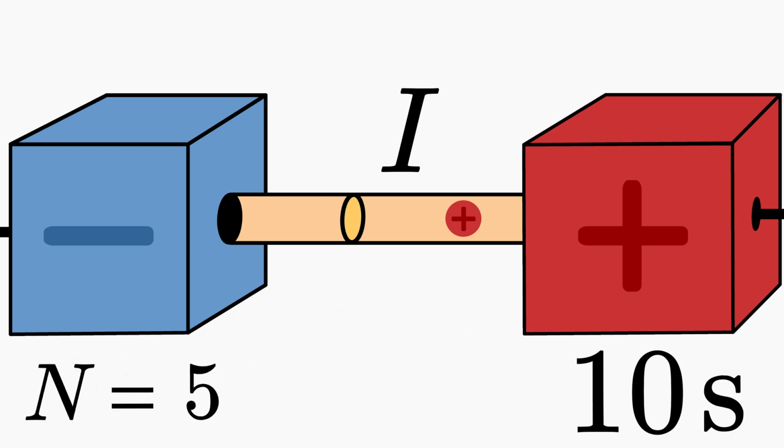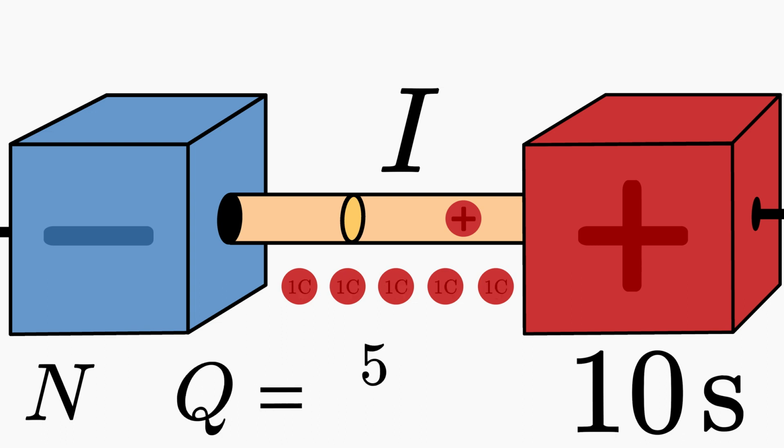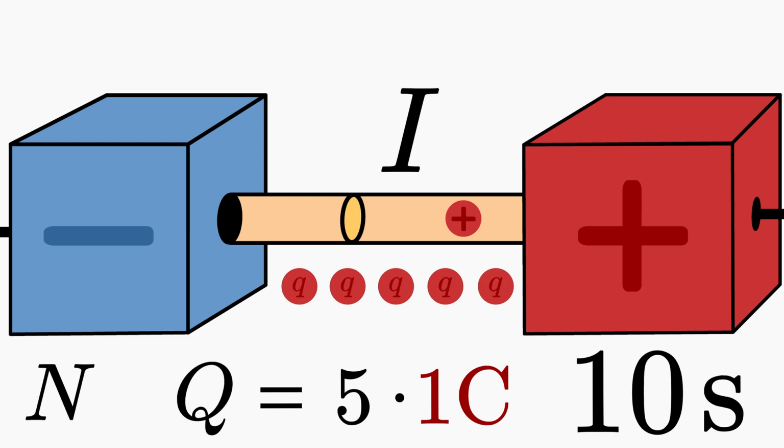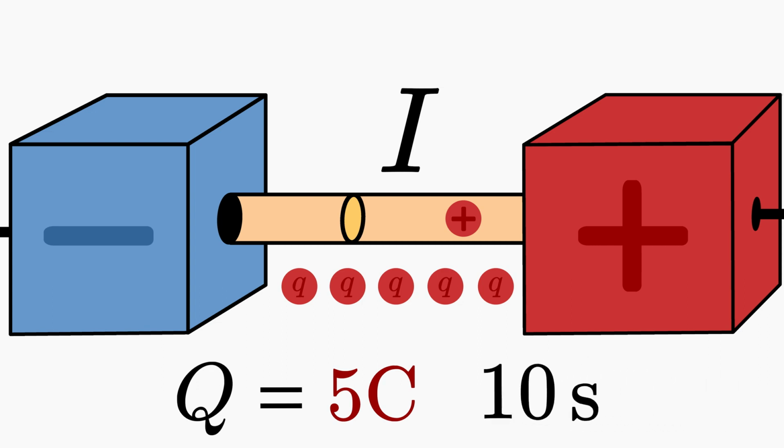Let's label the total charge with a capital Q. If 5 charged particles passed through and each of them transported the charge of 1 coulomb, then in total 5 coulomb were transported. We just multiply the number of particles N with their charge q. So 5 coulomb of charge were transported through the cross-sectional area within 10 seconds.